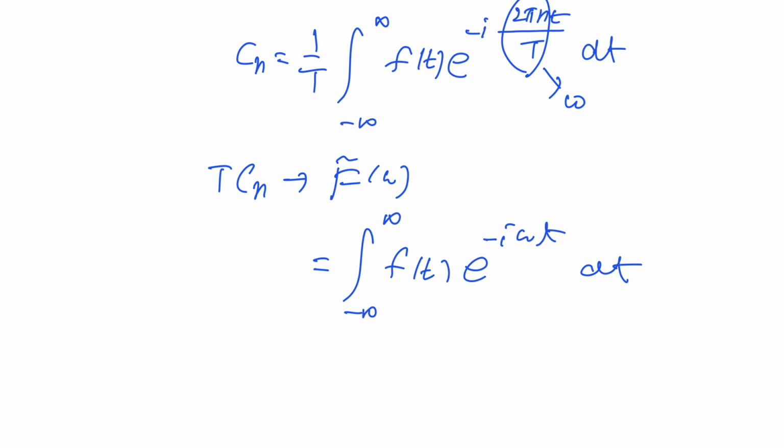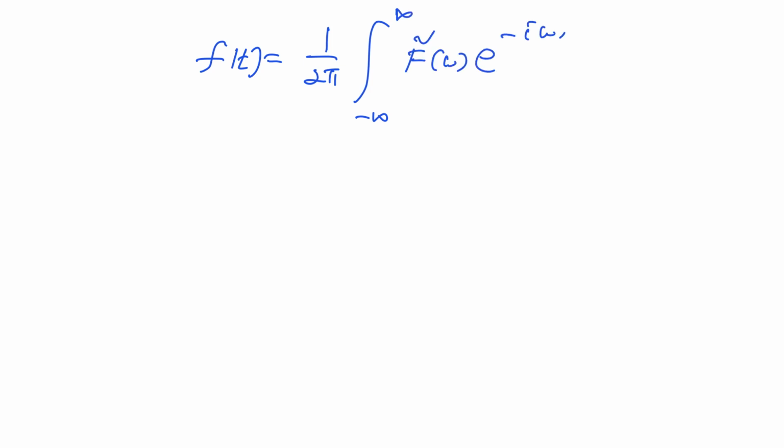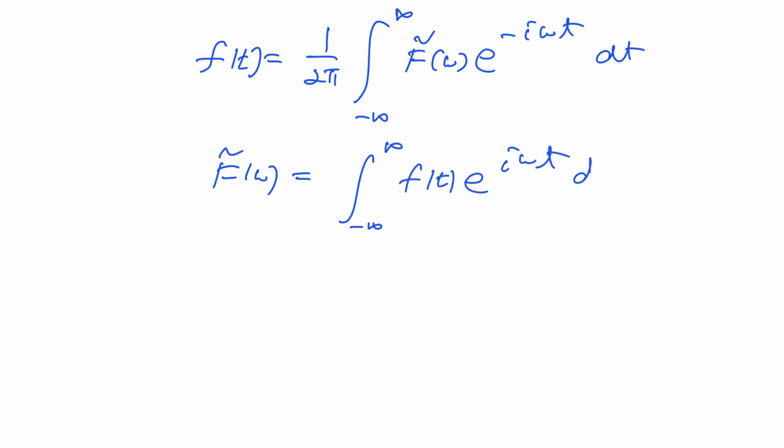So f(t) equals 1 over 2 pi, integral from minus infinity to infinity of f tilde of omega exponential minus i omega t d omega, and f tilde of omega equals the integral from minus infinity to infinity of f(t) exponential i omega t dt. This is called the Fourier transformation.